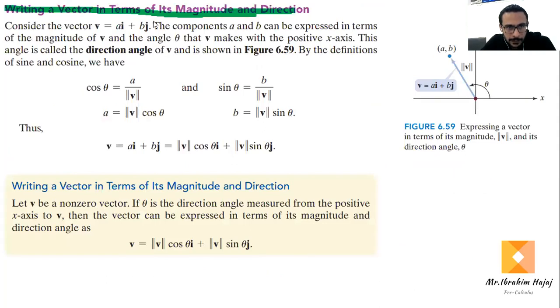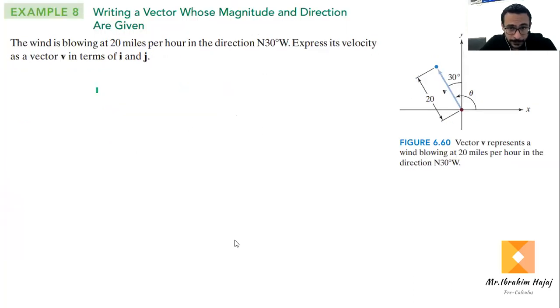We said writing a vector in terms of its magnitude and what? And direction. We have to start this part right now. Consider the vector. We write it using its magnitude and direction.